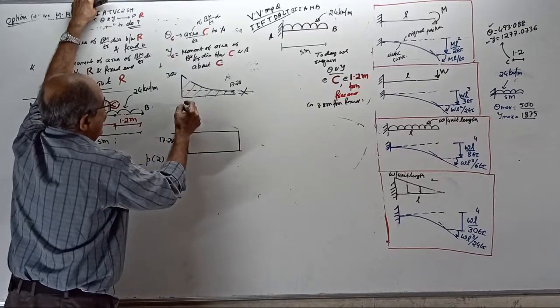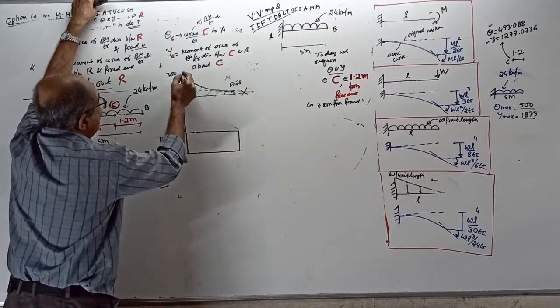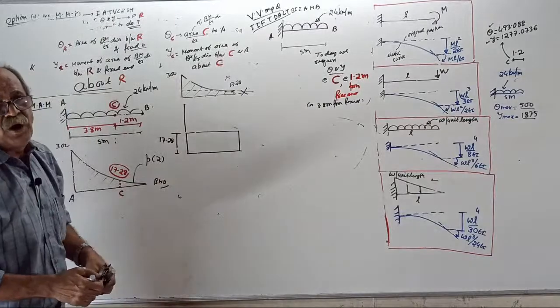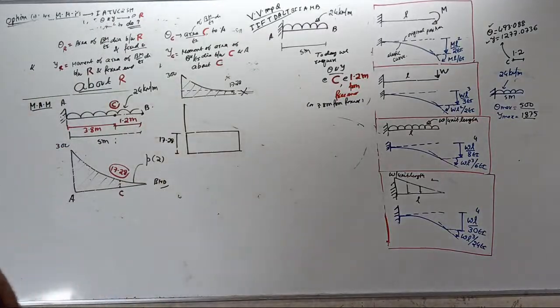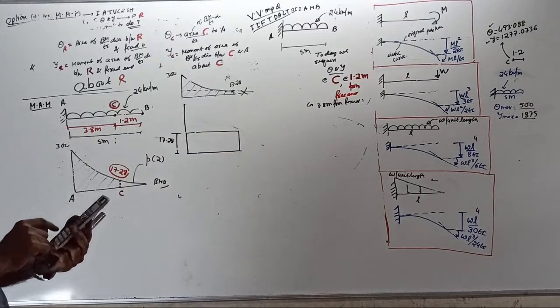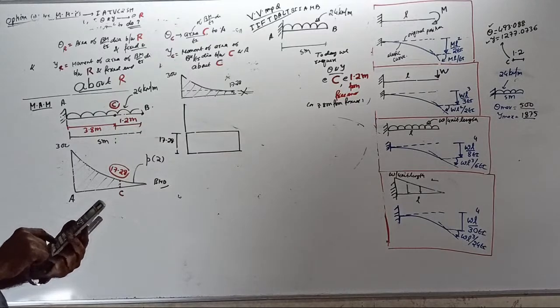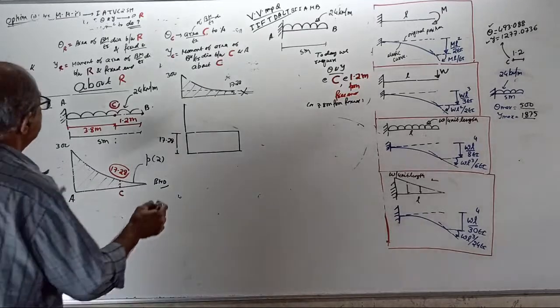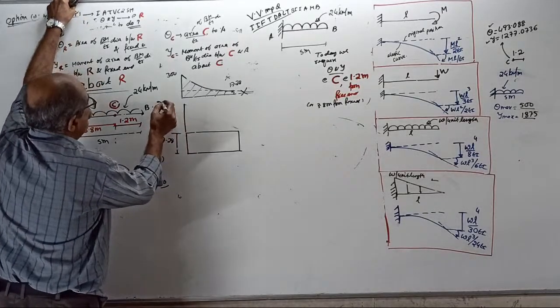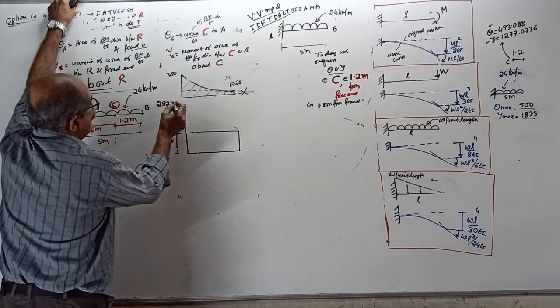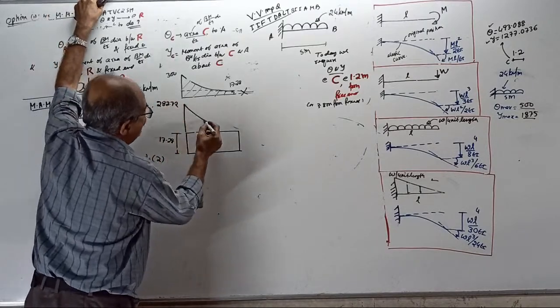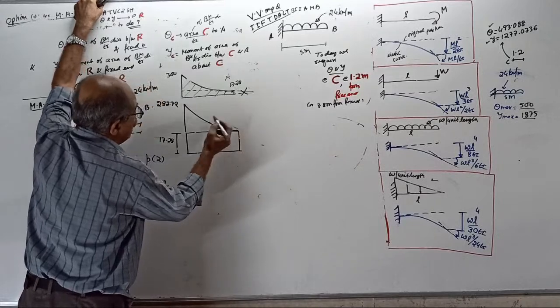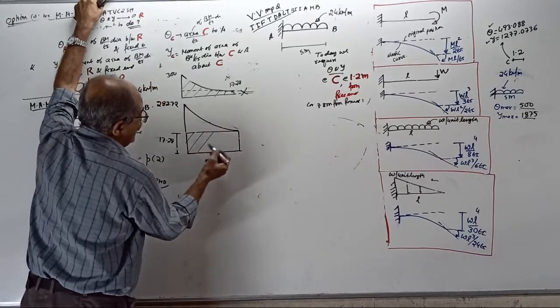And the high ordinate is 300 minus 17.28, which is 282.72. That will go this way, again a second degree parabola. So this is one of the areas.